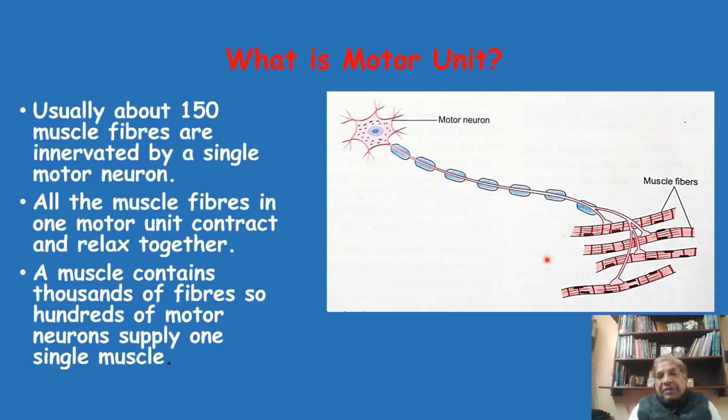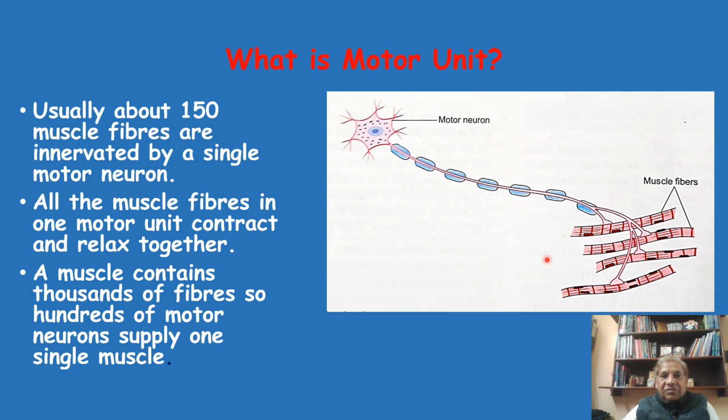This biceps muscle may contain about 15 to 20 or 30,000 muscle fibers, and then this muscle will need so many motor neurons to supply it. As I said, usually 150 muscle fibers are supplied by a single motor neuron.